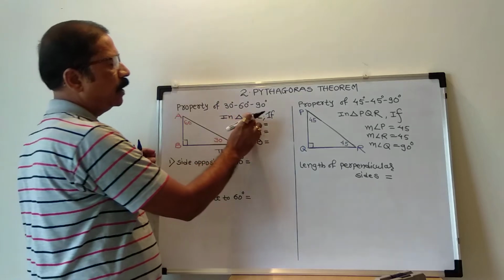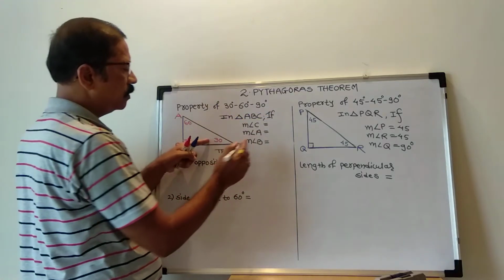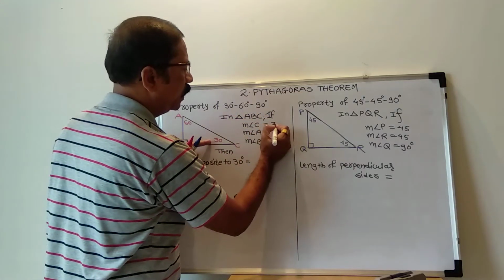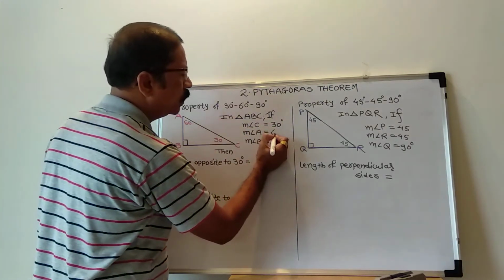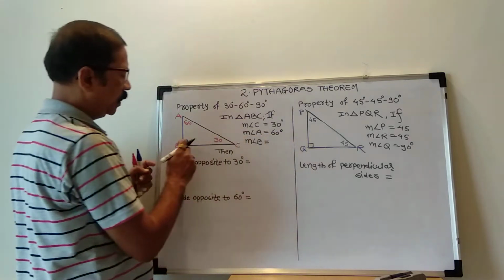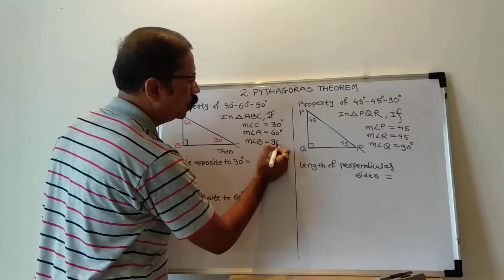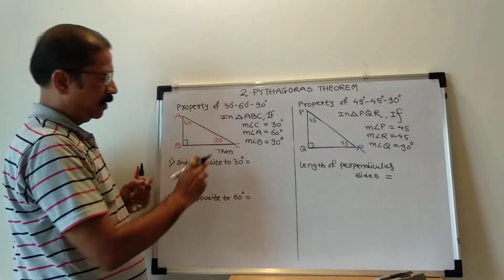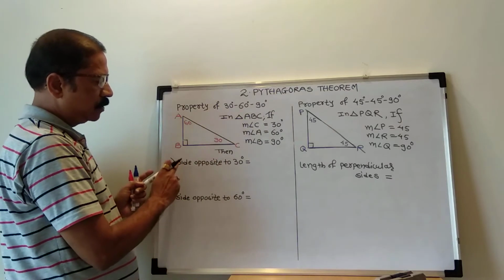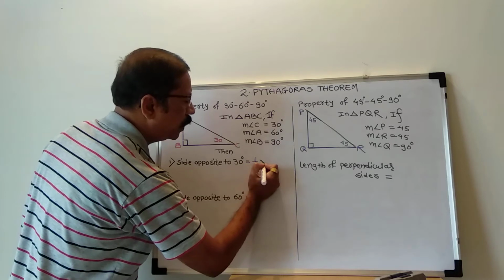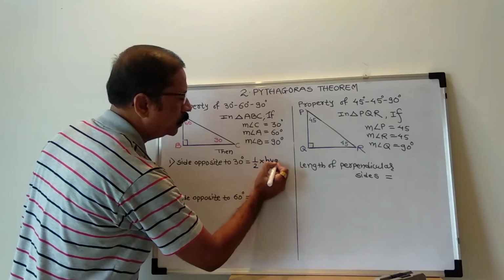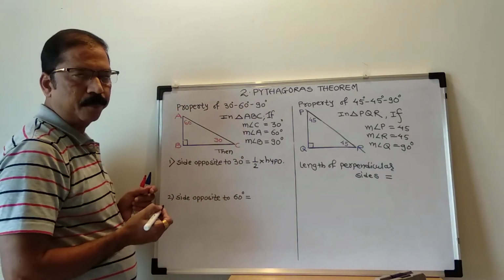So in triangle ABC, if measure of angle C is equal to 30 degree, measure of angle A is equal to 60 degree, and measure of angle B is equal to 90 degree, then first property, side opposite to 30 degree is equal to half into hypotenuse.